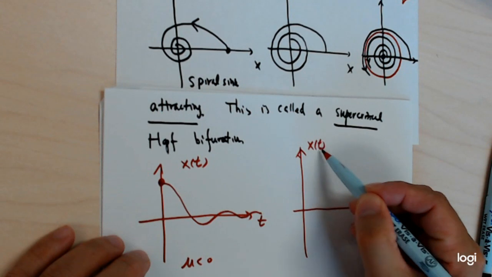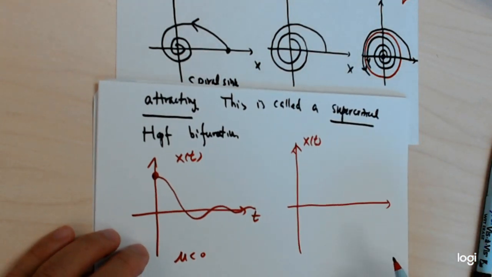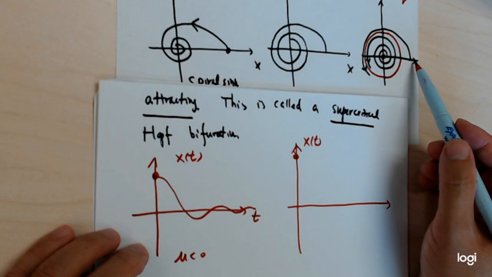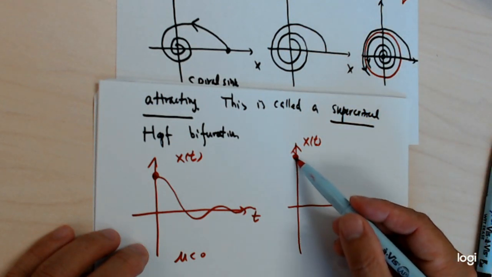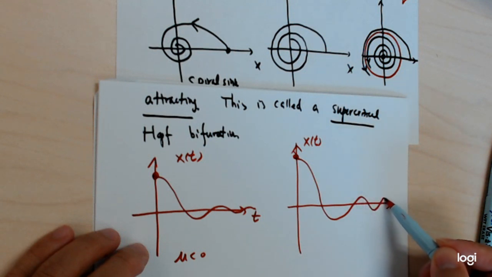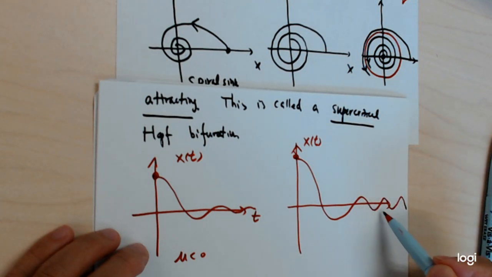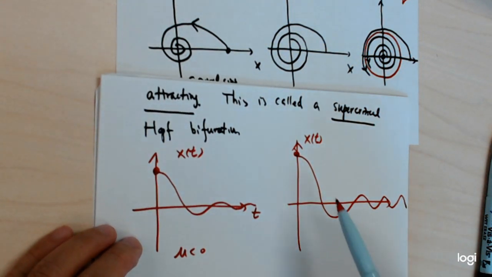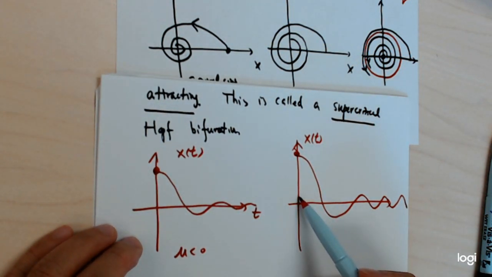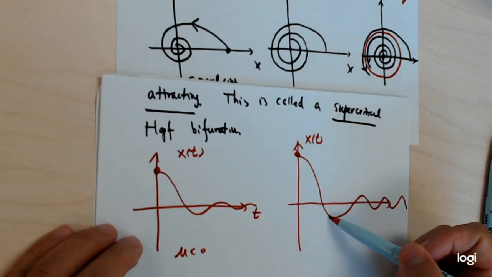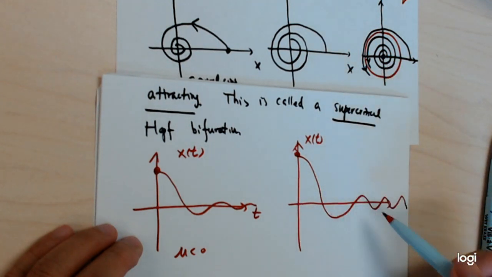So the actual graph of x of t could look like this. If you start with a large amplitude, it will shake a little bit, but eventually it dies down and becomes an almost periodic solution. If you start with something very close to the origin, it will start shaking and become almost periodic.